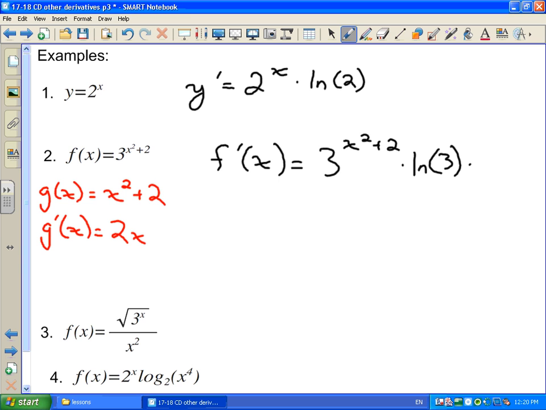And then to finish off the chain rule, we multiply by the derivative of that function that's up in our exponent, or g prime. So we multiply that whole thing by 2x. And there's our derivative.